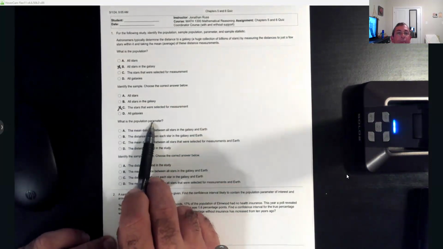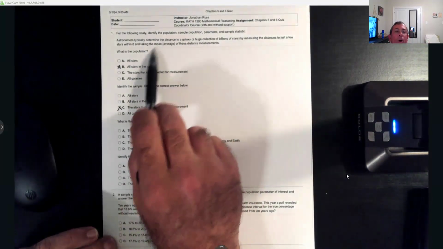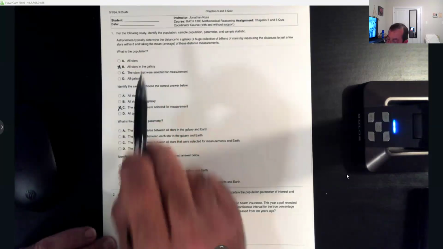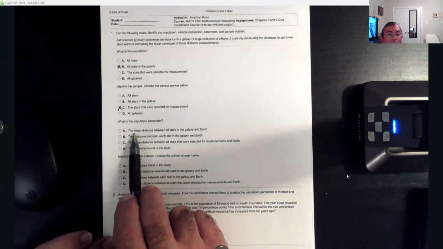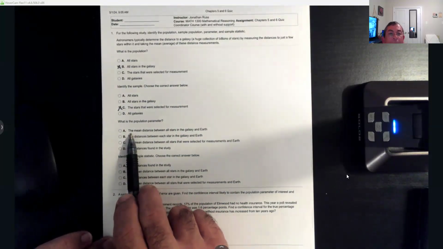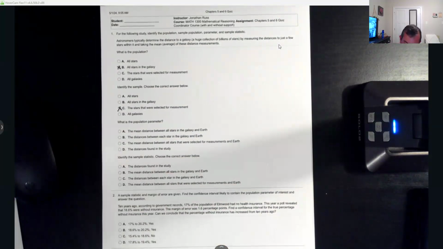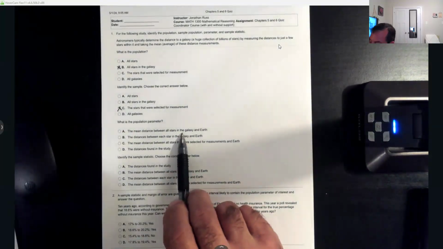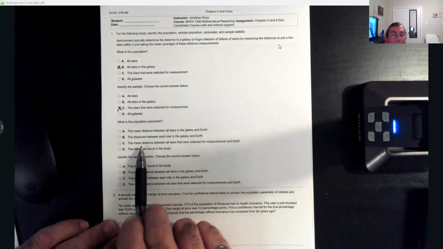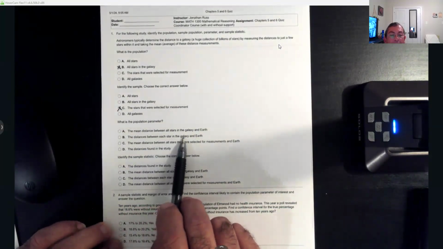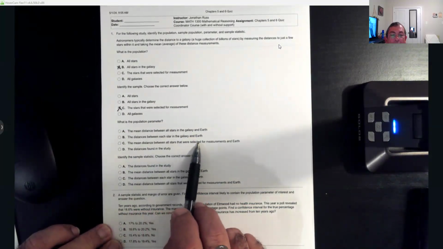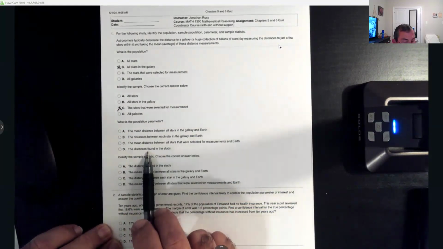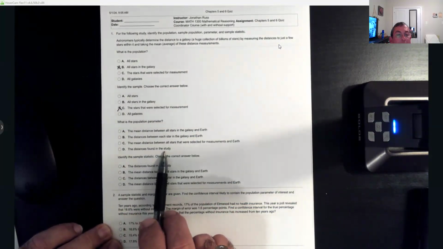So the population parameter, once again, we're talking about the overall population for all the stars. So the parameter, well, let's see what we got. We got the mean distance between all stars in the galaxy and Earth, the distances between each star in the galaxy and Earth, the mean distance between all stars that were selected for measurements, and the distances found in the study.